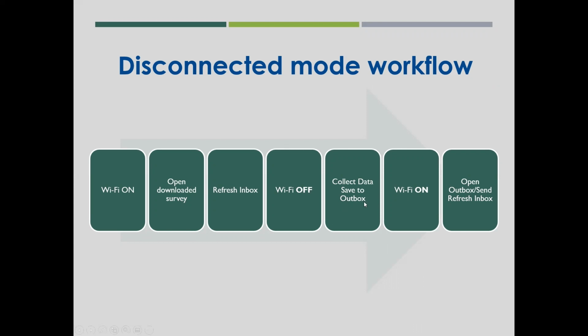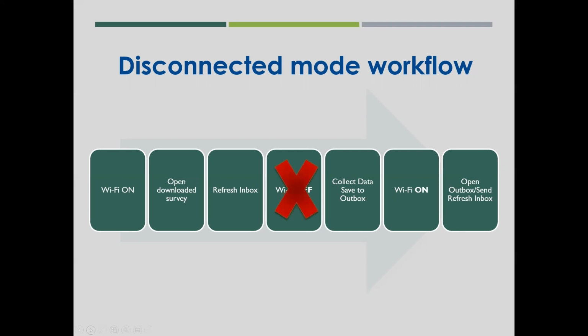And that outbox just holds on to those survey edits in your device until you're ready to reconnect to Wi-Fi. And then you go back, connect to a reliable Wi-Fi, open that outbox, and send all of those collected surveys, and then you would refresh your inbox.